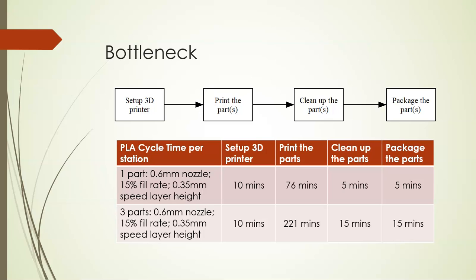We print one part each time, with a 0.6 millimeter nozzle and 15% fill rate. I hope by now it should not be foreign to you. 0.35 millimeter layer height, because it's a fast one. And the other one is where we print 3 parts. I want to address both of them.